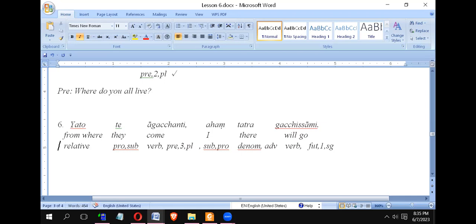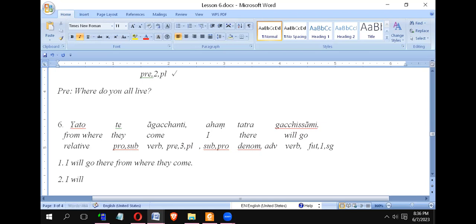Now, how do you translate the whole thing? The whole sentence is: I will go there, from where they come. Okay, but it doesn't sound so smooth. Let's say, can you translate another way?